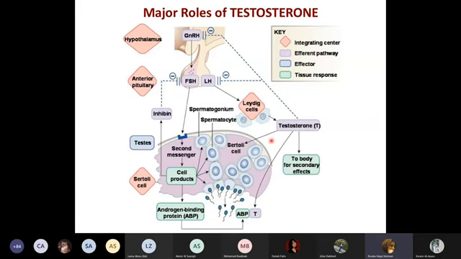Now, also it's important for the differentiation of the male genital organs. We saw this in chapter 3. We mentioned that testosterone is very important for the formation of the male genital organs.